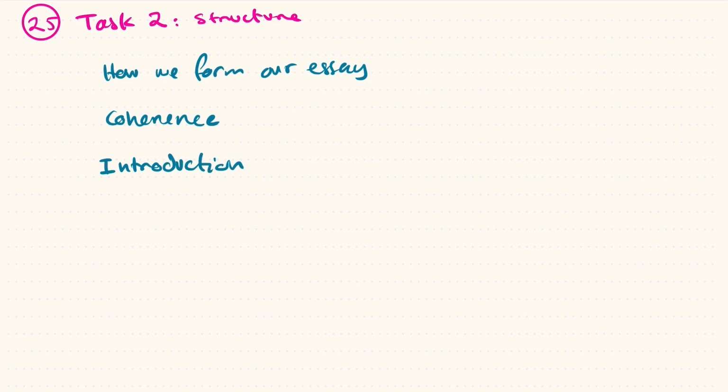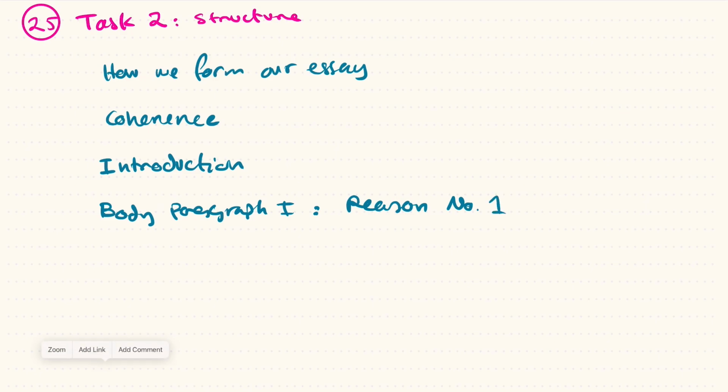The second paragraph, or your body paragraph 1, is going to be about your reason number 1, and body paragraph 2 is going to be about reason number 2, and eventually you tie everything together and you make your conclusion.